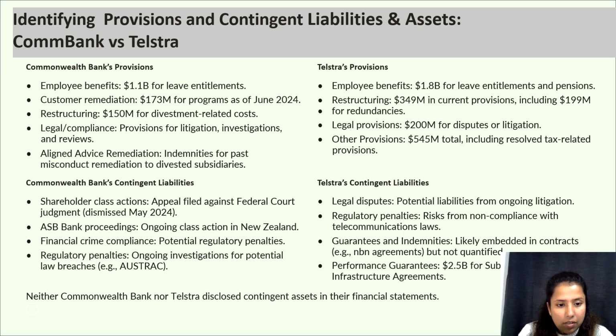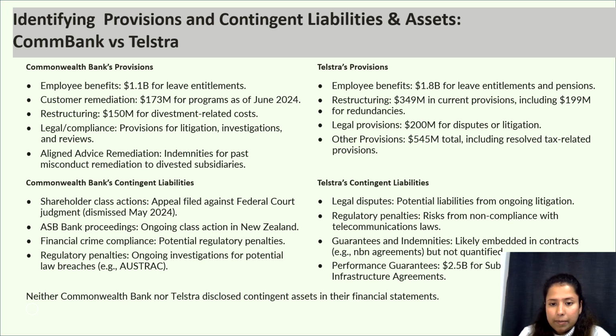And the financial crime compliance, this is about the potential regulatory penalties. Lastly, it talks about regulatory penalties, which are the ongoing investigations for potential law breaches, for example the AUSTRAC.